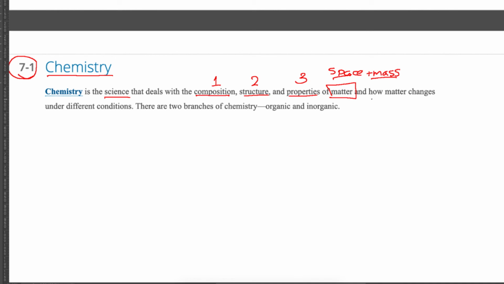And then the other aspect of chemistry is to take a look at how matter changes under different conditions. So when we talk about change, there's two types. One is physical, and the second is chemical.